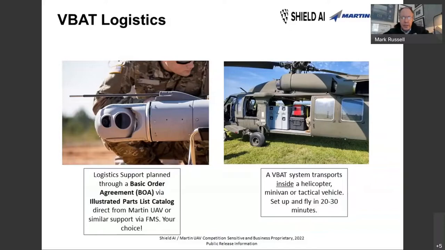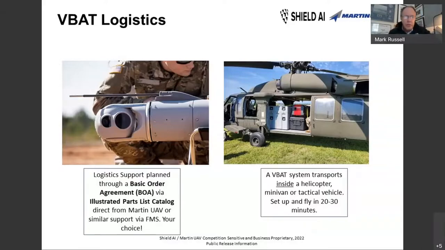Some of the logistics. That is our footprint there in the Black Hawk. That's a fully deployable 2-week system. You can see the knee there just inside in the front and the back of the door there of a person sitting inside. That's a fully deployable system inside a helicopter. Over on the left, because we have such a small footprint, logistics is super simple.